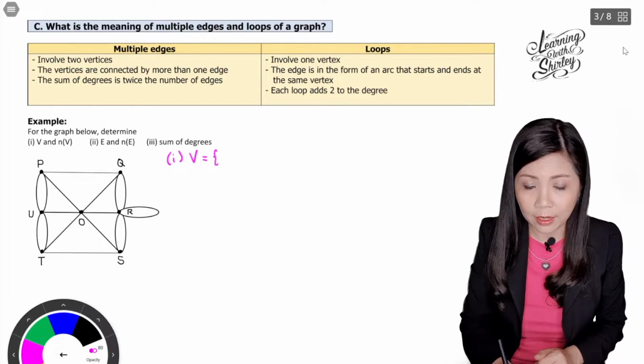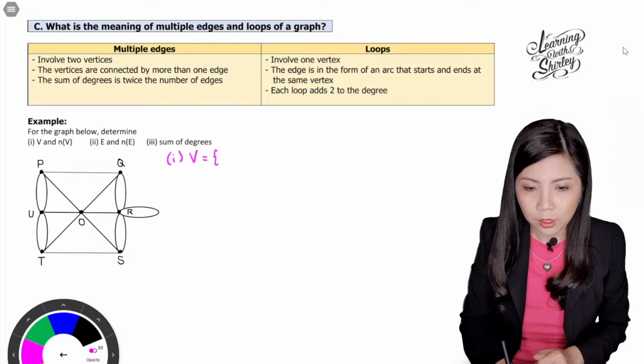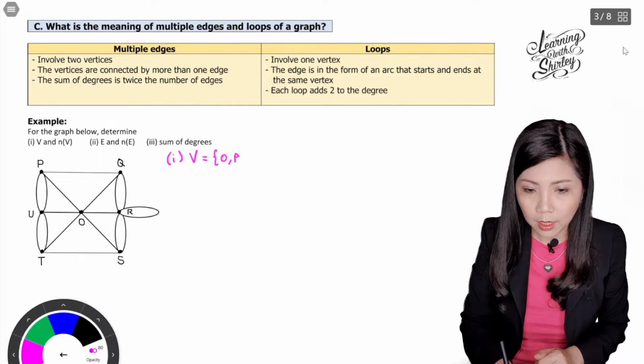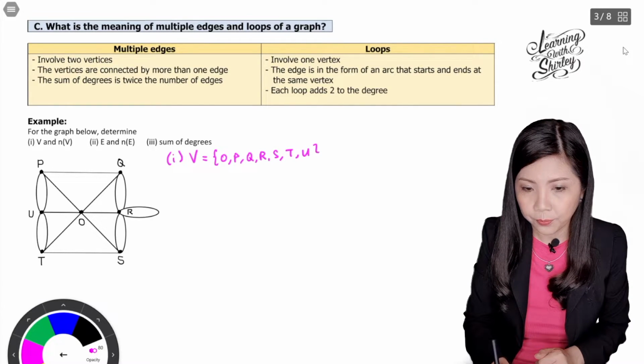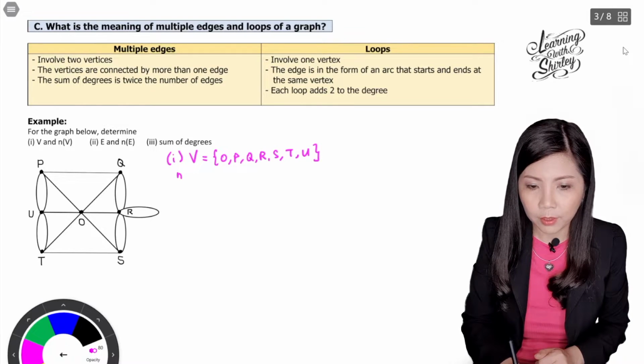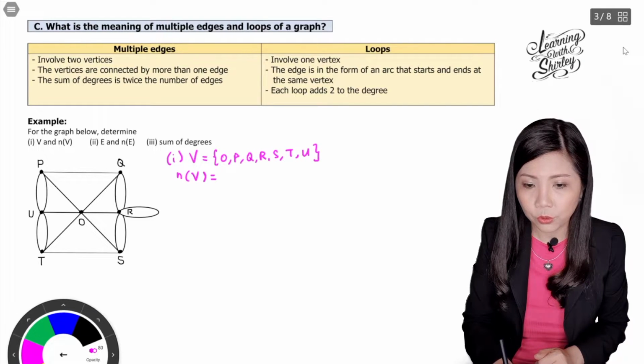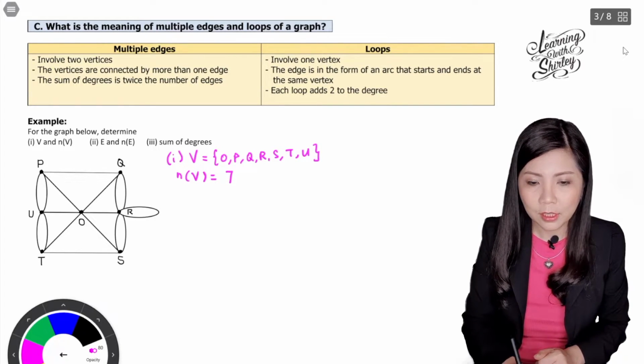If possible, write in alphabetical order. So we have O, P, Q, R, S, T, and U. So the number of vertices is equal to 1, 2, 3, 4, 5, 6, 7. So 7.